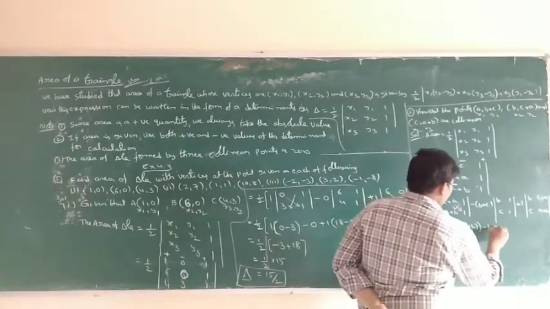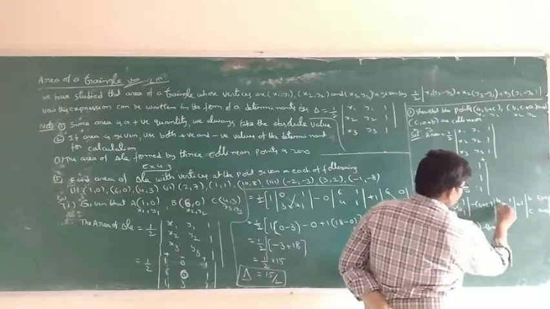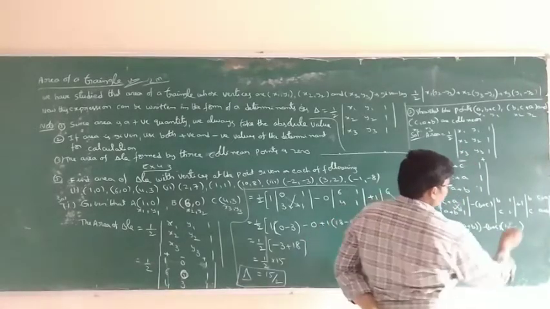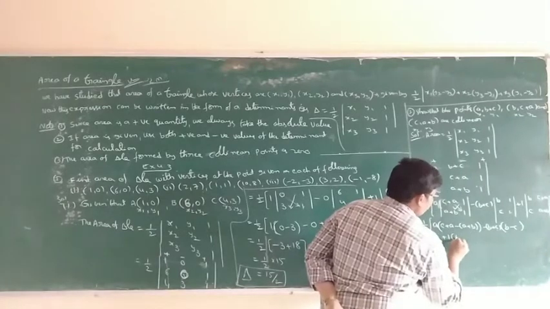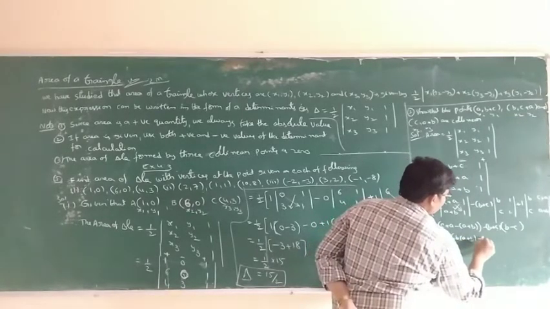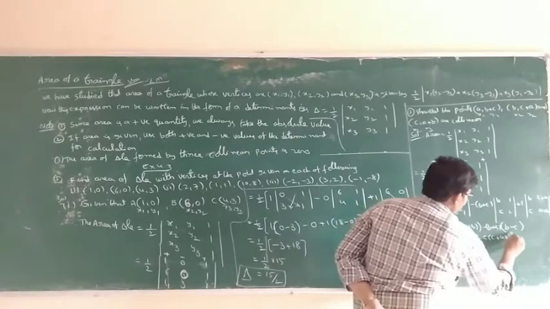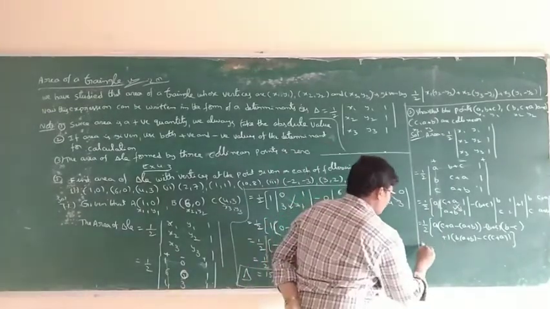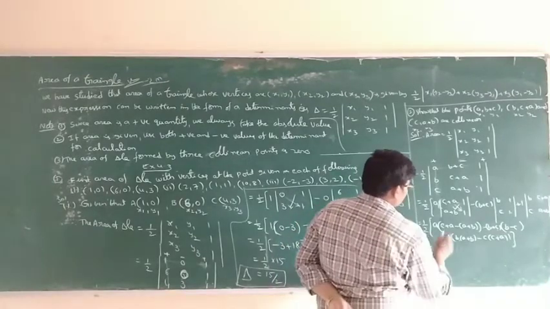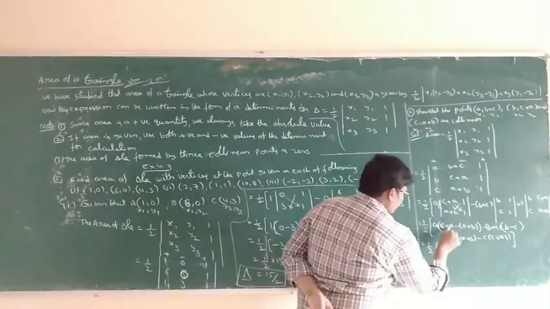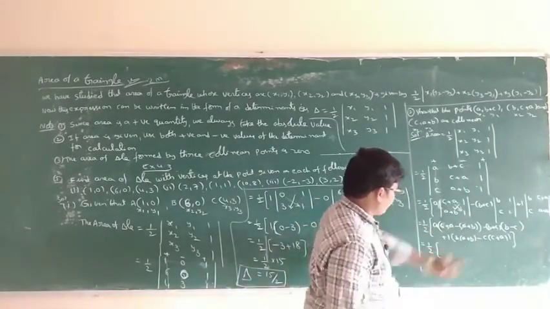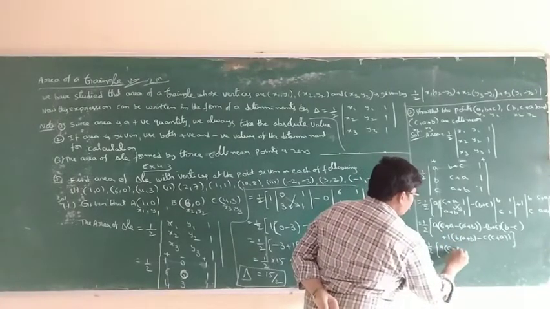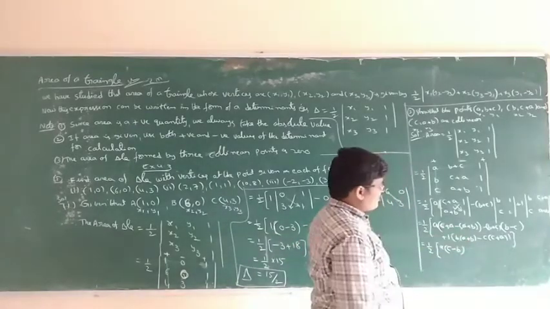Next minus B plus C into this is B into 1, B minus C. Next plus 1 into multiply B into A plus B minus C into C plus A, B into A plus B minus C into A plus C. So that is equal to 1 by 2 into this is C plus A. So A cancels plus A minus A, A into C minus B. Minus of plus minus.